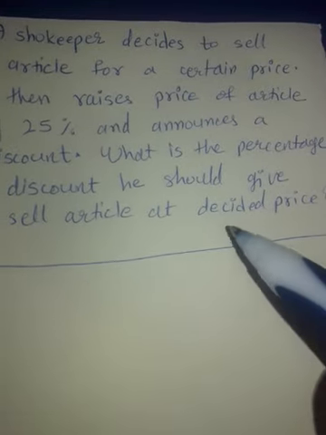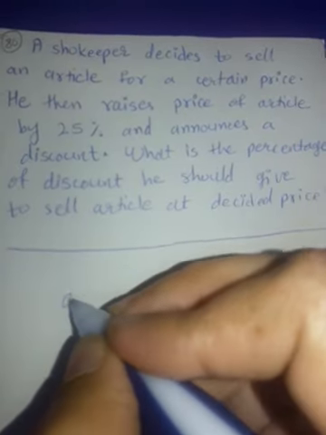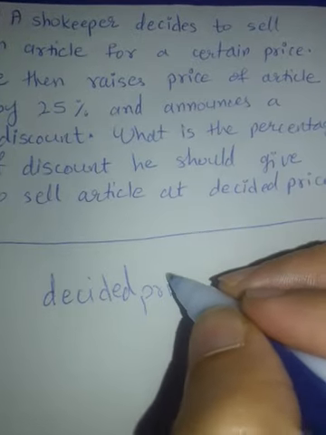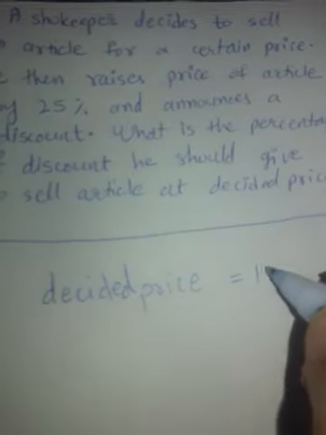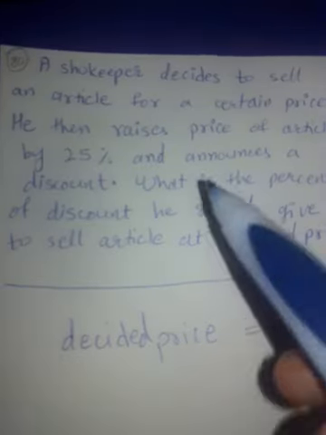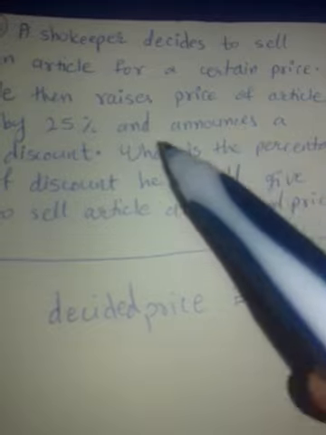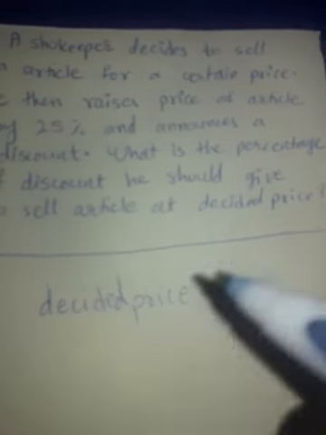Again, I am going to assume the decided price as 100 only. The decided price, that he wants to sell at, let that be 100. So what is he doing? He will raise the price of the article by 25%.